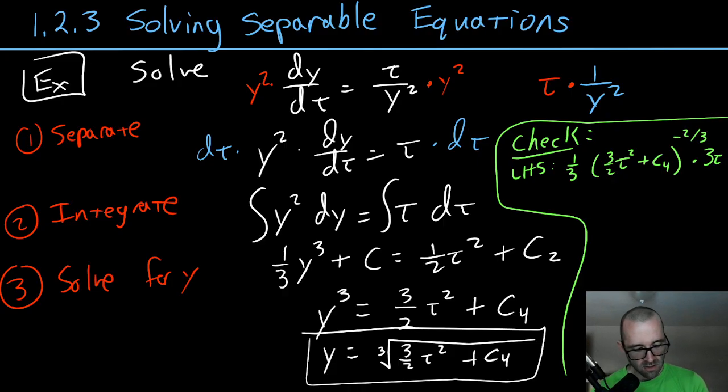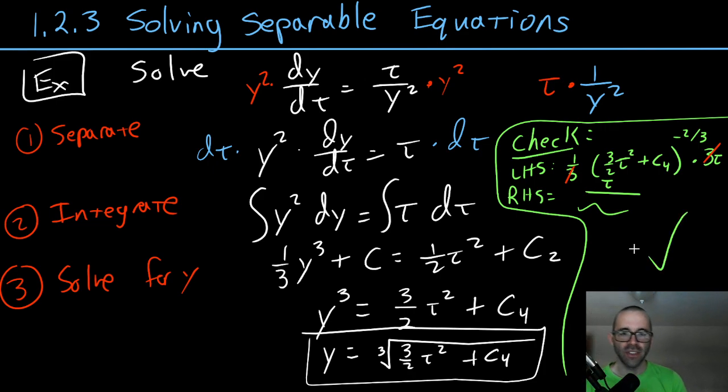The 3's cancel, and we're left with t divided by all of this stuff to the 2/3 power. And the right-hand side is t divided by all this stuff to the 2/3 power. Yep, it checks out. Cool. And that's how you check your answer. The end.